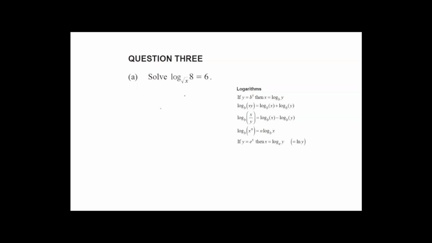So we want x equals some number, and we're going to use this one here. So log b, so b is going to be square root of x, and to the power of 6, equals 8. Now, square root of x is x to the half, so x to the half times 6 equals 8, and remember, a times b.